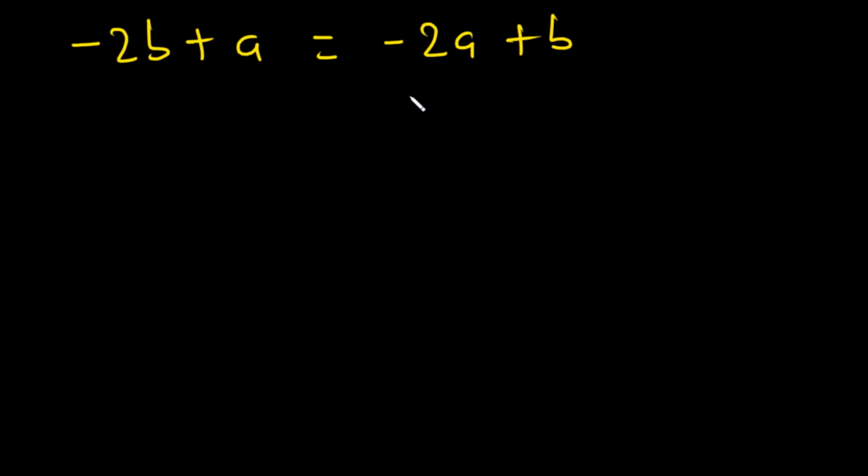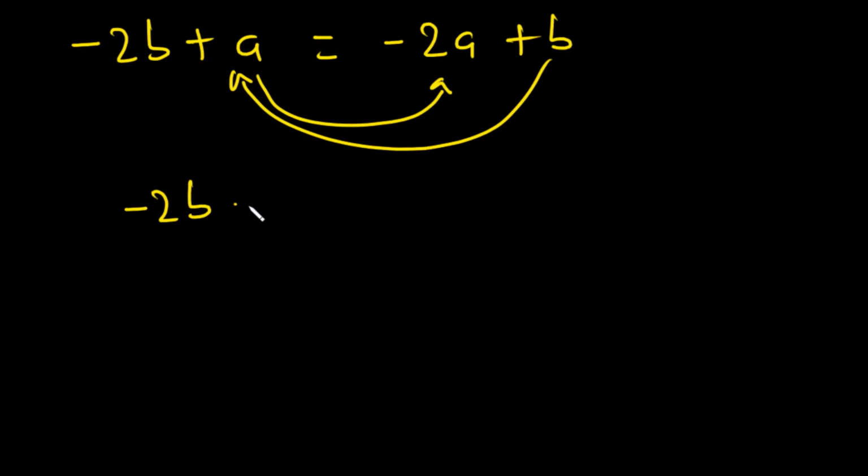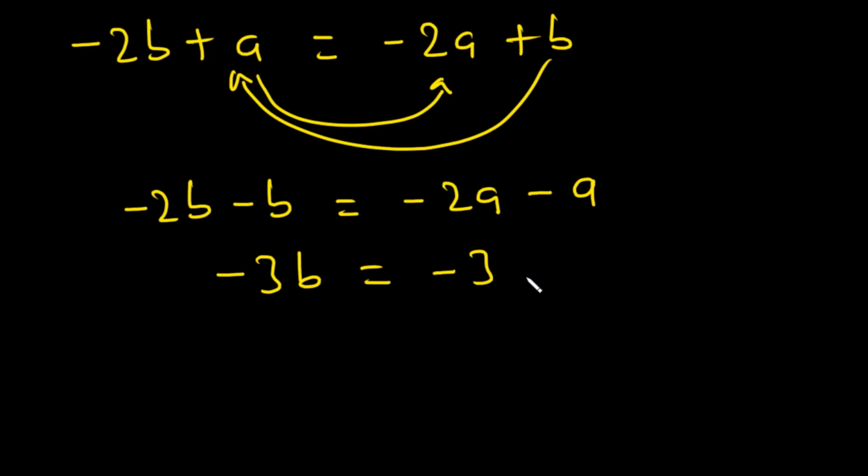So we can group like terms. We will transpose a to the right hand side and b to the left hand side, so that we have negative 2b minus b is equal to negative 2a minus a. Negative 2b minus b is negative 3b, and it's equal to negative 2a minus a, which is negative 3a.